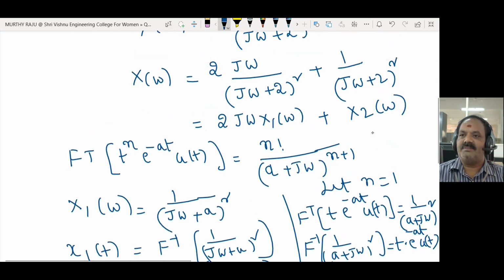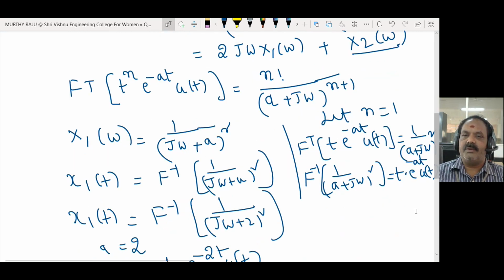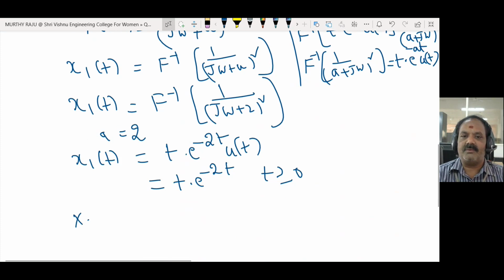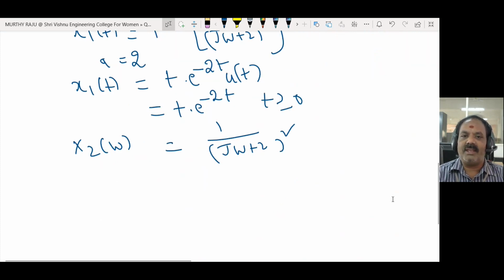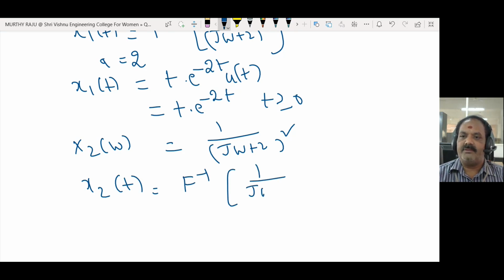And calculate X2 of t. We know X2 of omega is equal to 1 by (j omega plus 2) whole square. X2 of t is the inverse Fourier transform of 1 by (j omega plus 2) whole square.